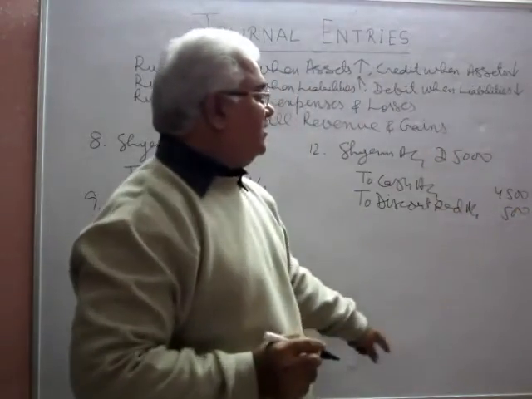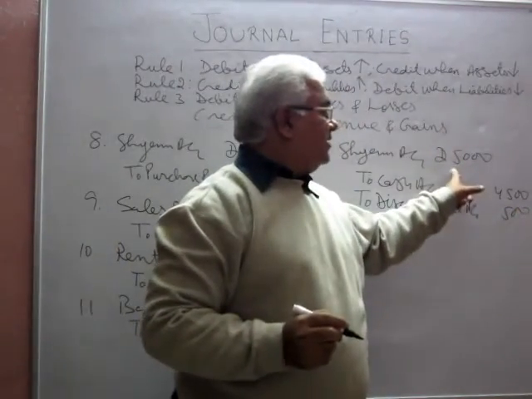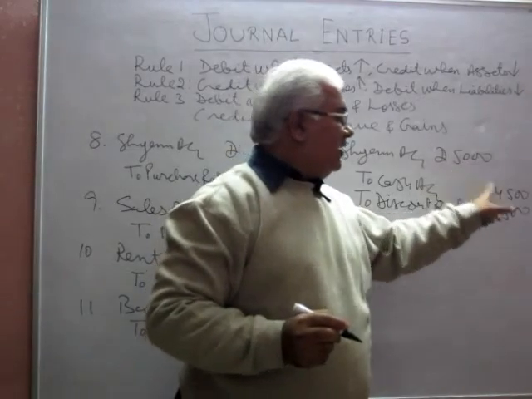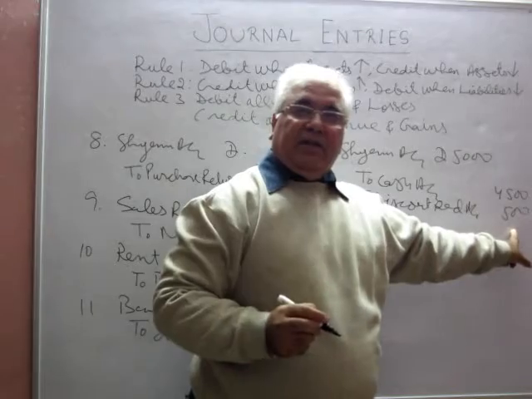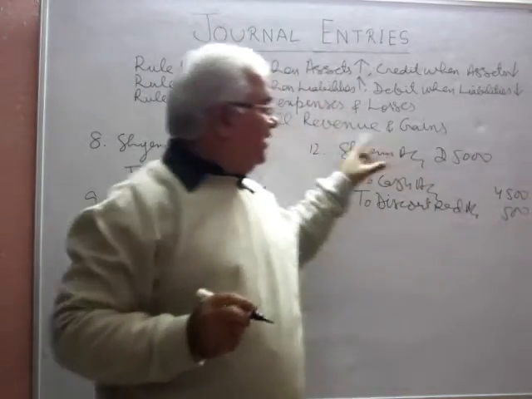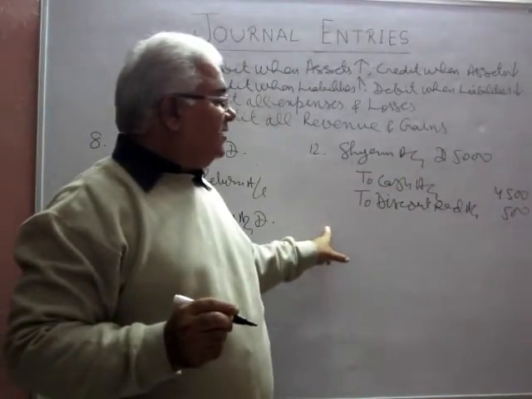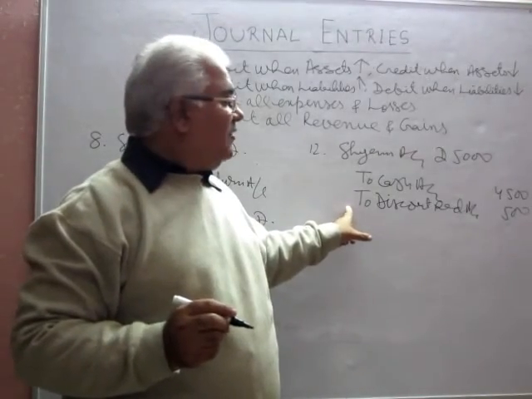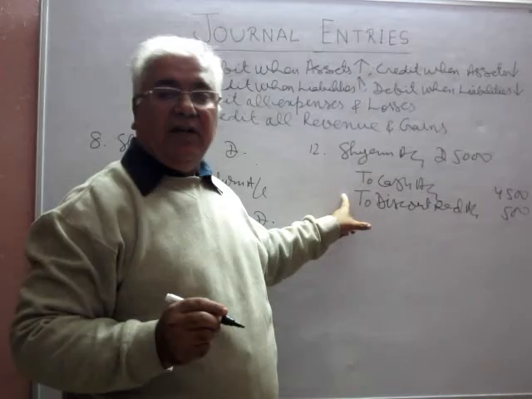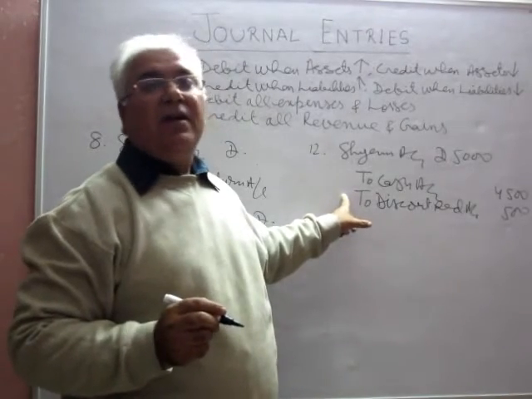You must notice that the total of the debit side is 5,000 and the credit side's total is also 5,000. Both sides are equal. This entry is special in the sense that it involves more than 2 accounts. Wherever more than 2 accounts are involved in a journal entry, that entry is called a compound entry.